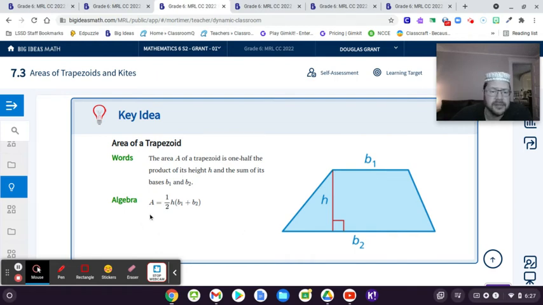The area for a trapezoid is 1/2 the height times the sum of the two bases. So you add up the two bases, multiply by the height, and then cut it in half. That's how you get the area of a trapezoid. So add that to your notes right now for 7.3. And then let's jump into a problem.